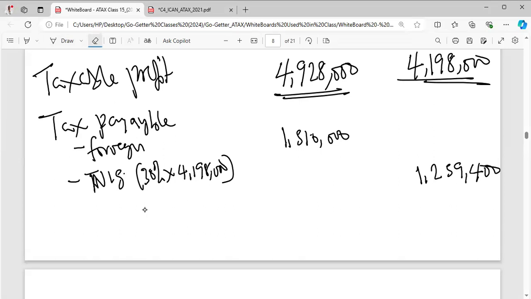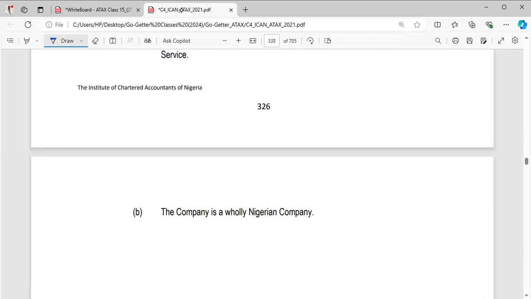Okay. Then we say less tax relief. Then that is when we will now look. Is there a double taxation agreement?